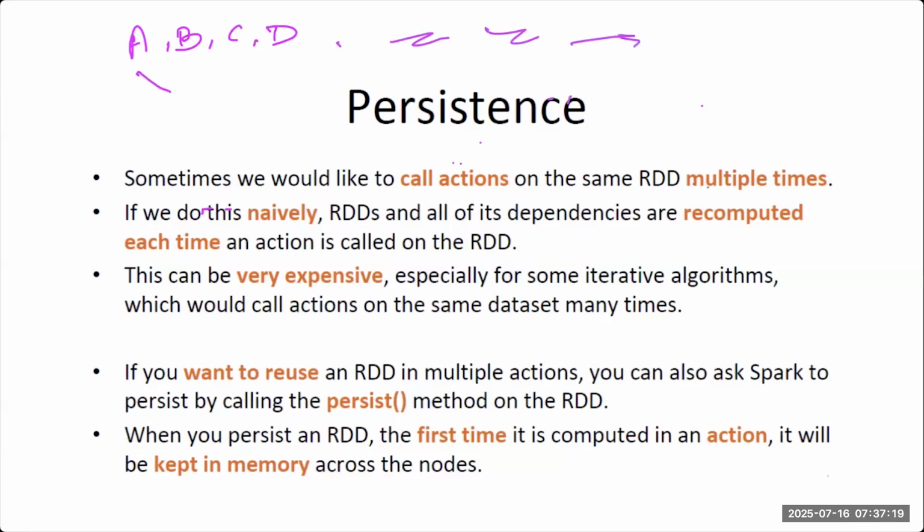Let's suppose we are doing 10, 20 transformations. Now, I joined A and B and got the result AB, and then I joined C and D and got the result CD. And during these 20 transformations, I am going to use A and B and C and D at multiple places.